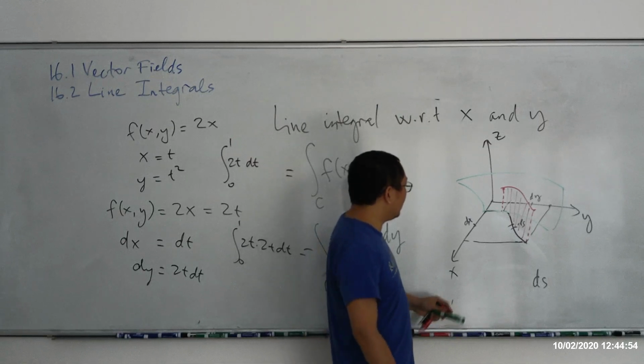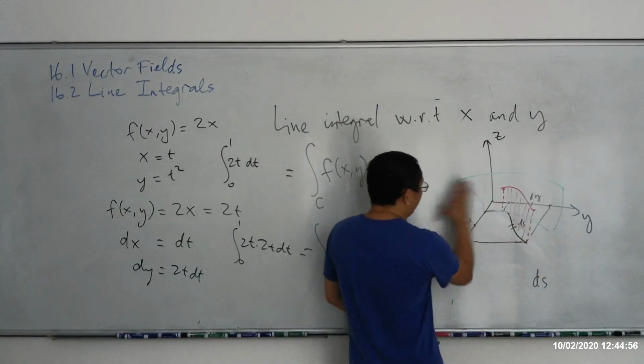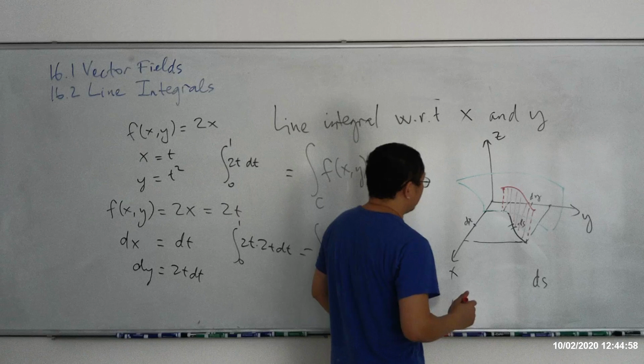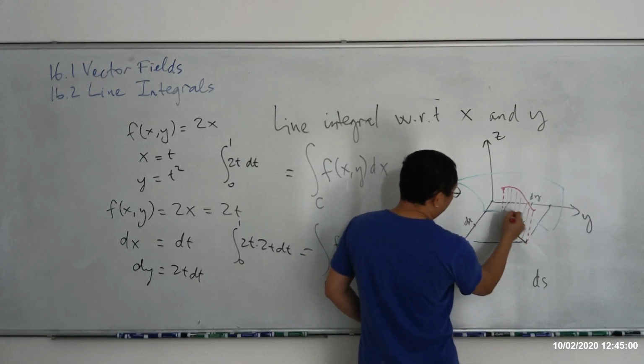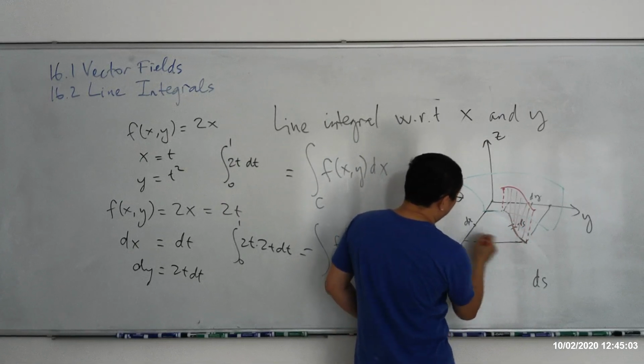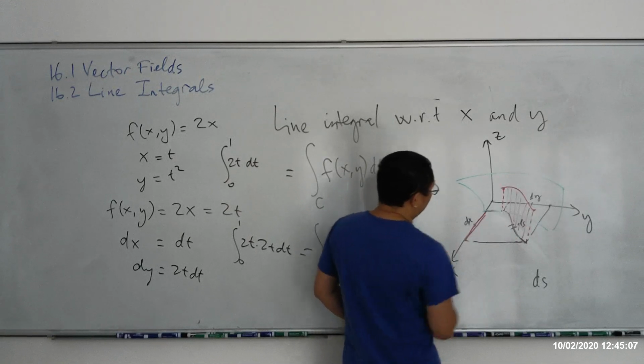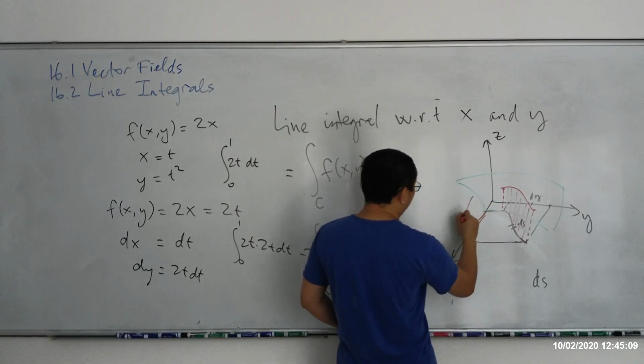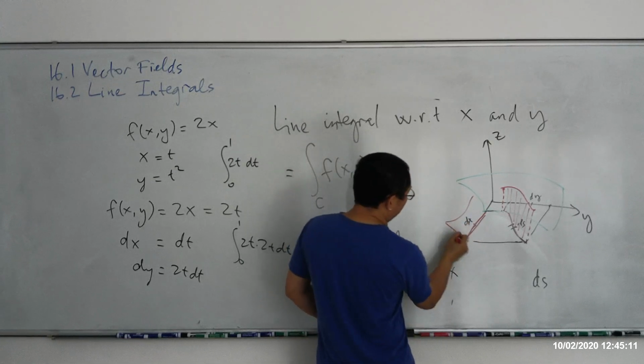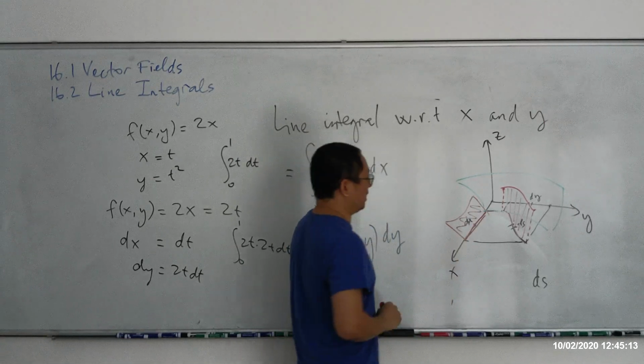Okay. And now dx means what? Now you project the whole thing with respect to the x-axis. So the curve C right here, projected to the x-axis, becomes the line right here. And that curve right here, projected to the x-axis, is going to be something above right there. I don't know what it is. Okay. Then you integrate, you calculate this area.